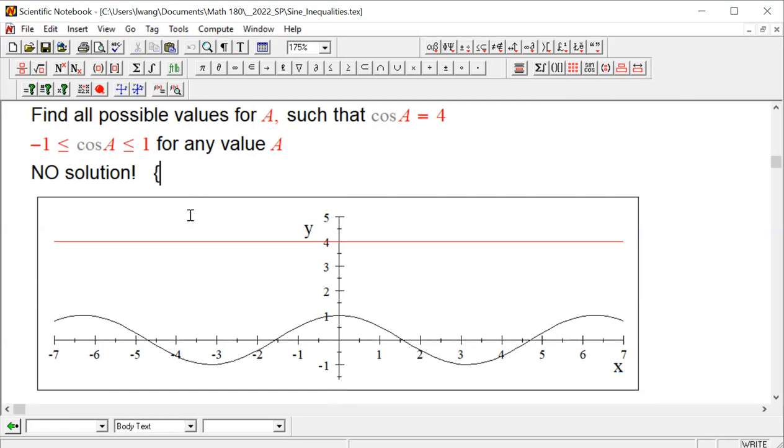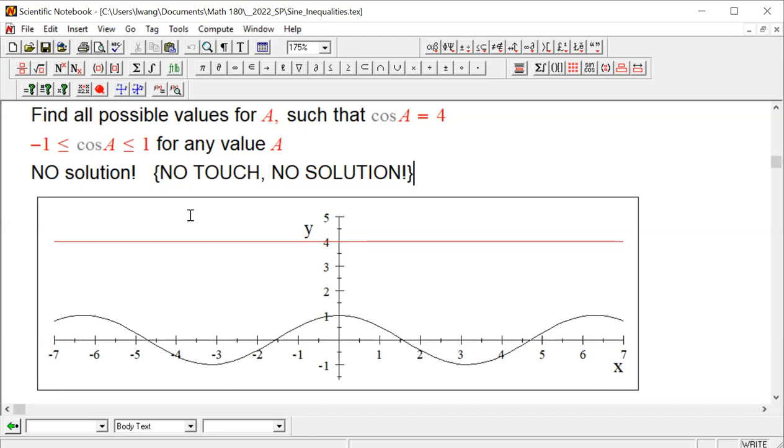Here I want to put: no touch, no solution. Then your question would be, is it always the case? Absolutely. It could be any curve. If you know the curve of that function, you know the output, you draw a horizontal line, and if there's no touch, there's no solution.